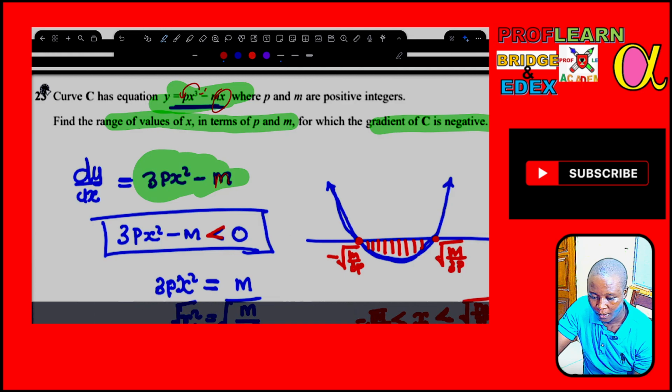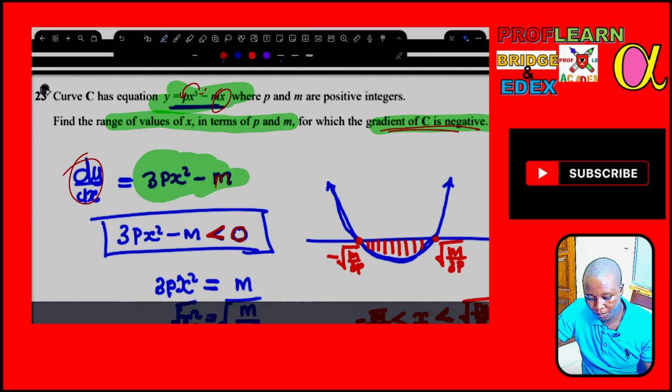Then you are told where the gradient is negative. The gradient is negative anytime you have less than 0. So basically that's what we are going to say: negative gradient will be less than 0.